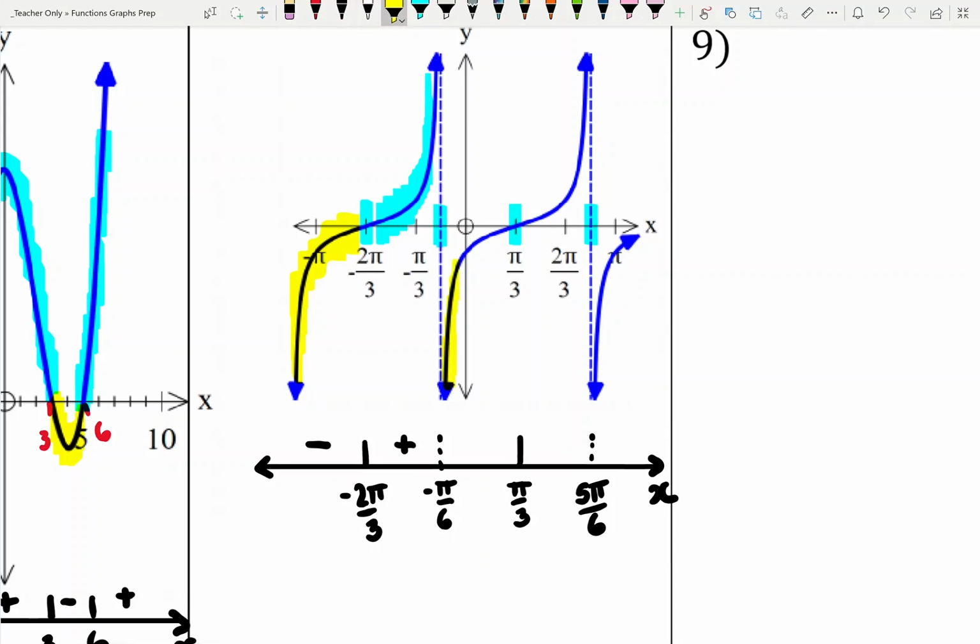Again, below, so it gets a negative between the asymptote and the intercept, positive between the intercept and the asymptote, and negative past the asymptote. Fairly obviously, this pattern of intercepts and asymptotes is going to keep repeating, but we only need to draw the sign diagram just for the section of the graph that is shown, so on the domain that is shown.